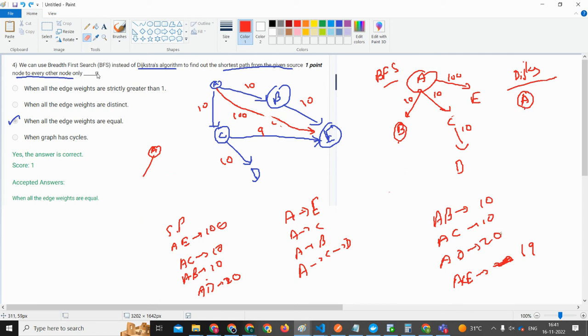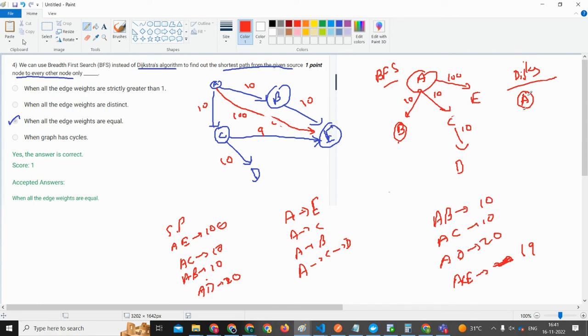If I draw the graph figure with all weights the same, it becomes very similar to this, right? Because A to E you can reach in just 10, so 100 will be replaced by 10.